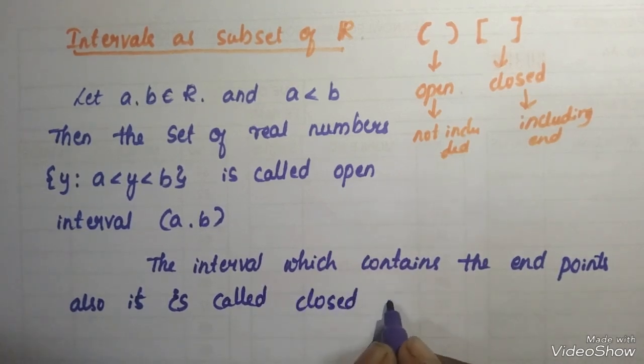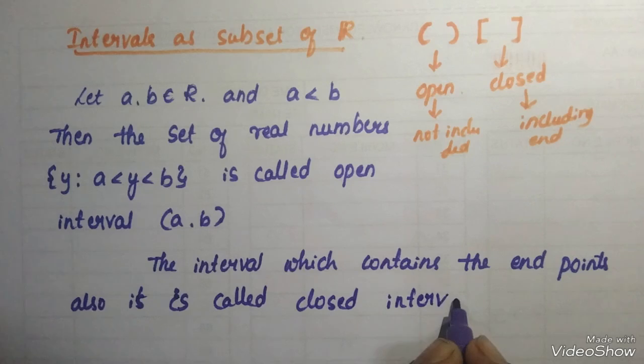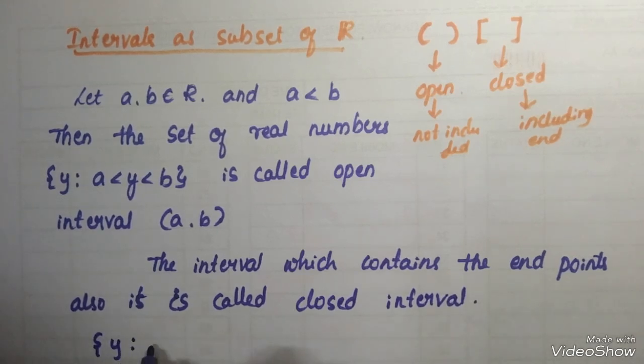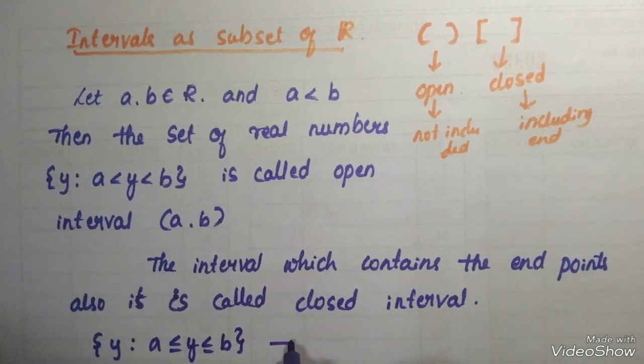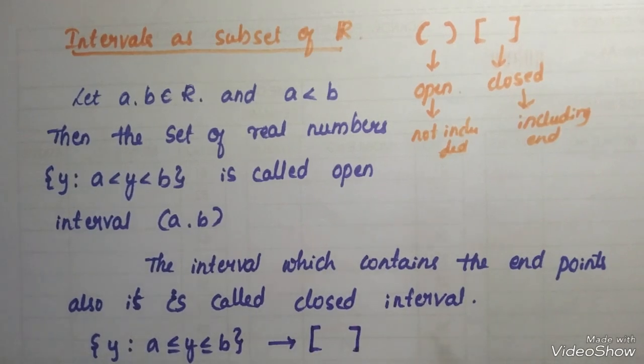A closed interval can be denoted as the set of y such that a is less than or equal to y, which is less than or equal to b, and it is denoted by the closed interval [a, b]. Therefore the endpoints are included.